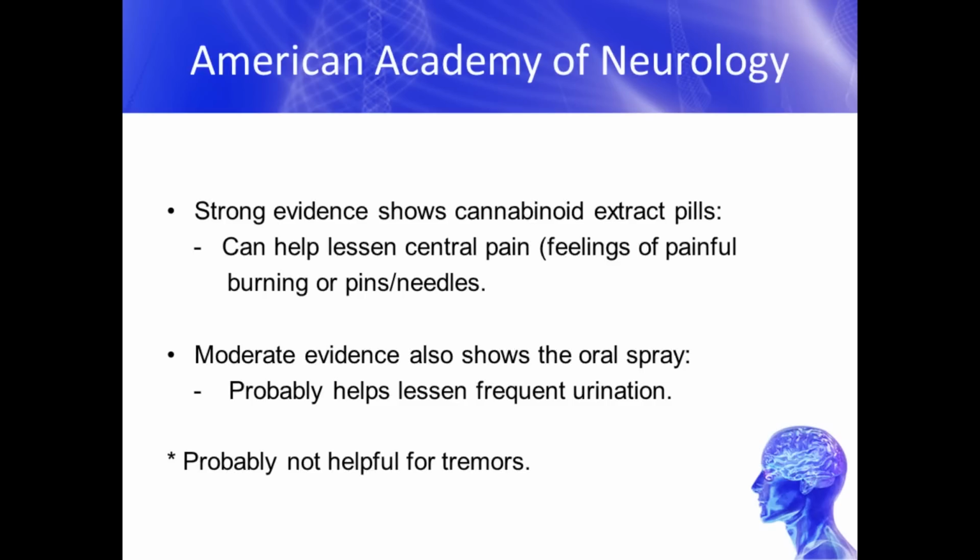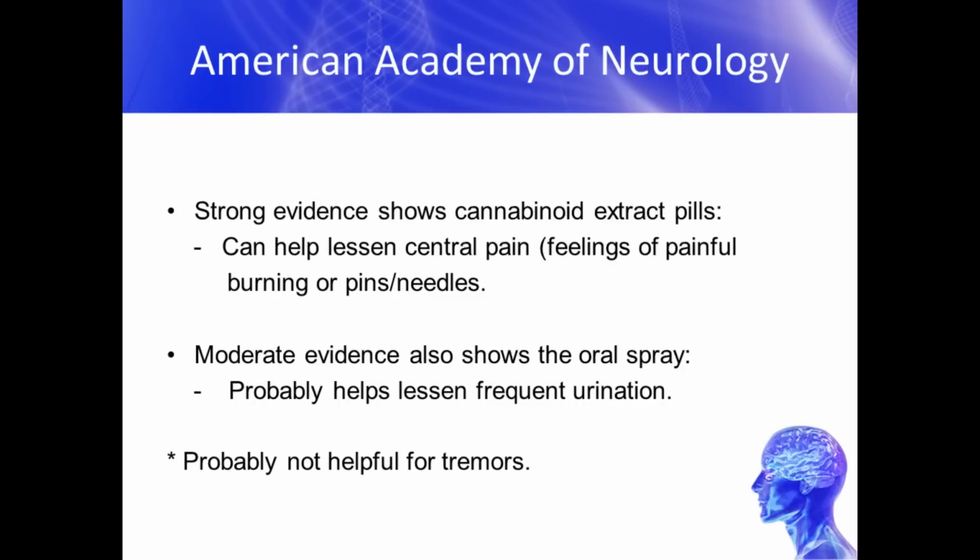They also found that there was strong evidence that cannabinoid extract pills help lessen central pain or central neuropathic pain. This would be burning, hypersensitivity to touch. There was moderate evidence that showed that the oral spray helped lessen frequent urination.